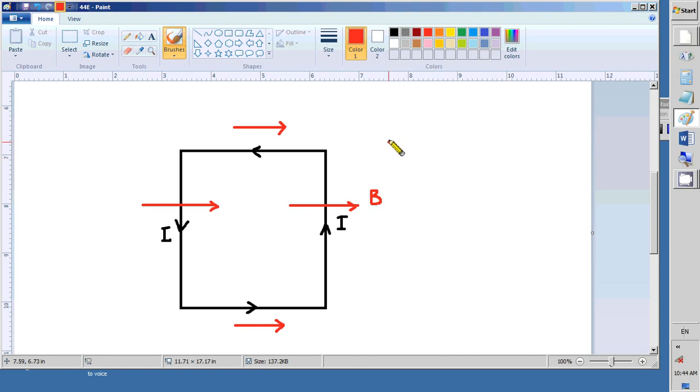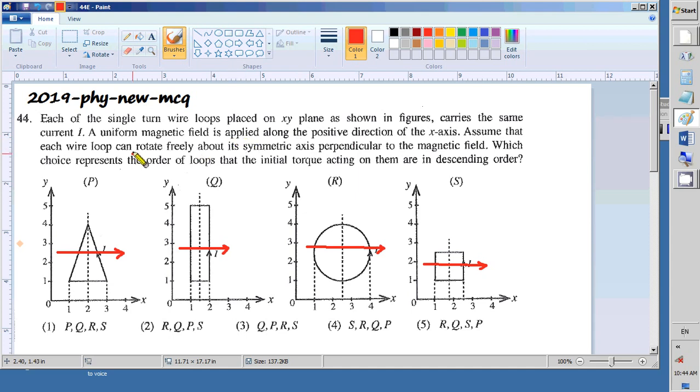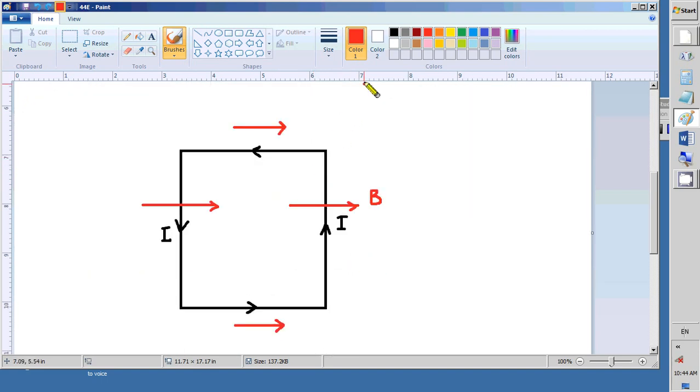So you have to find out what torque. In this question what they ask is the initial torque. Torque means the force times the perpendicular distance. Torque we denote it by tau.